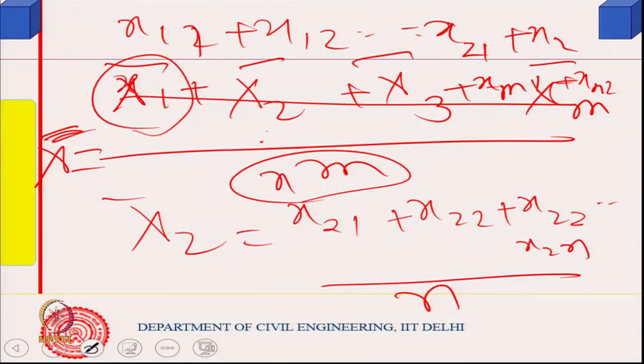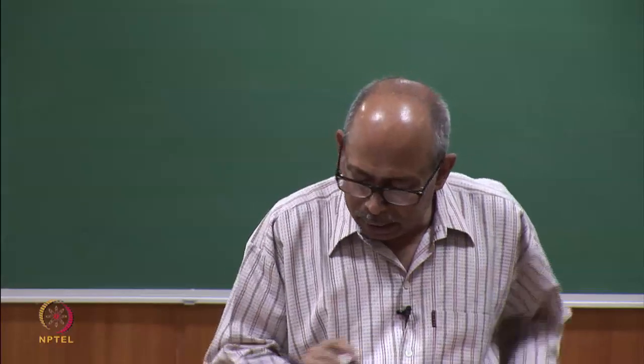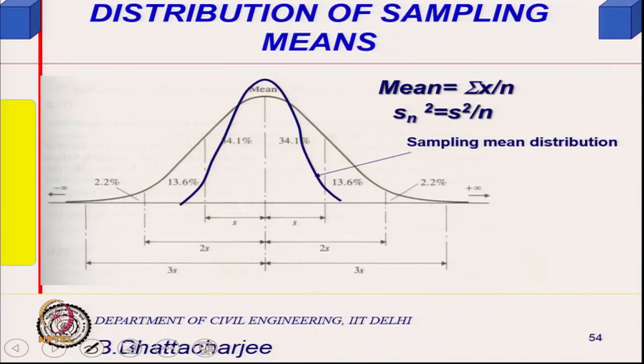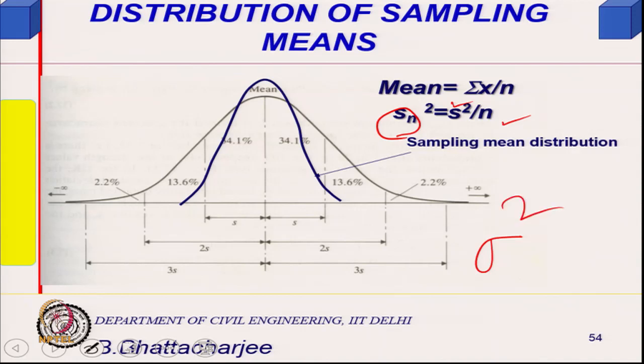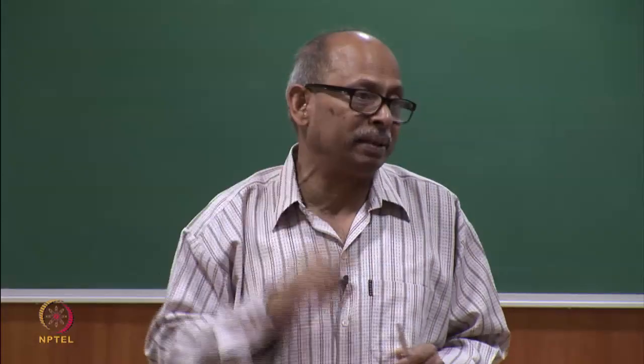Standard deviation one can derive and show, and it is actually given by this formula, which I have just written straight away. For example, n is the sample size and S is the estimated population standard deviation. If it is well known, then we write it as sigma square by n, and this is sigma of n, where this stands for the standard deviation of the sampling mean with n sample size.